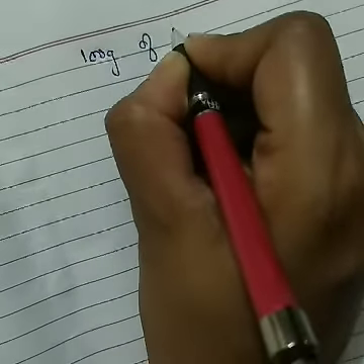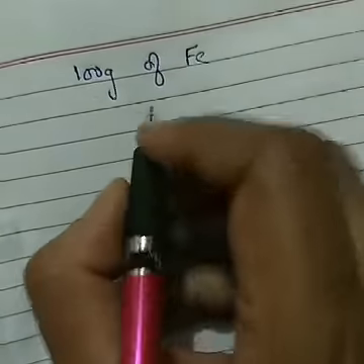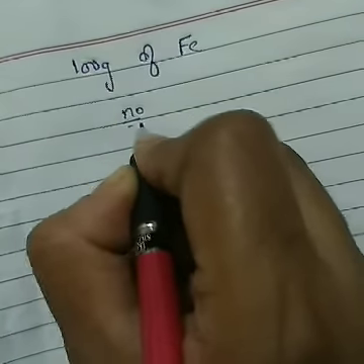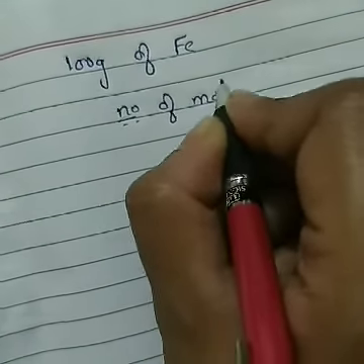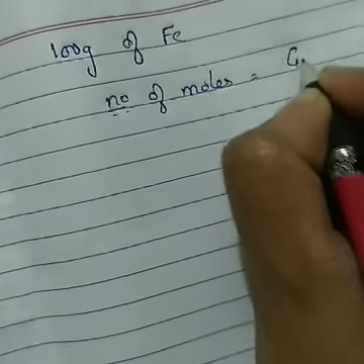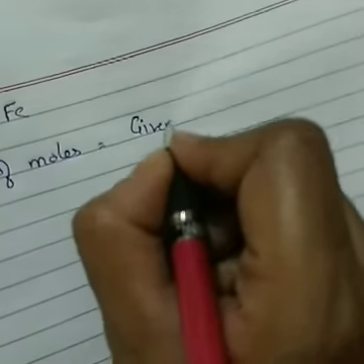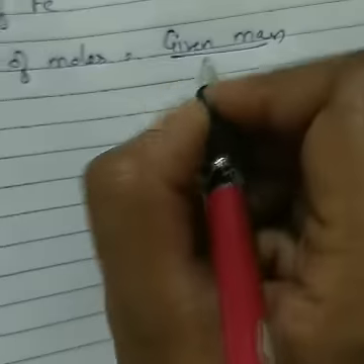Similarly, if you are asked to find the number of moles in 100 grams of iron, we have the formula: number of moles equals given mass by molar mass.